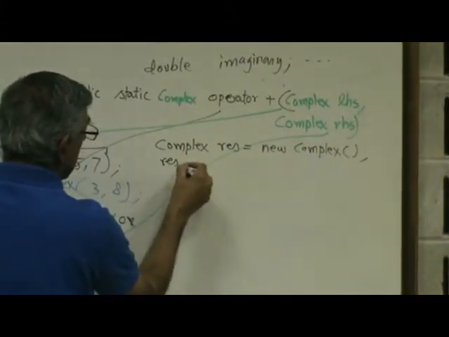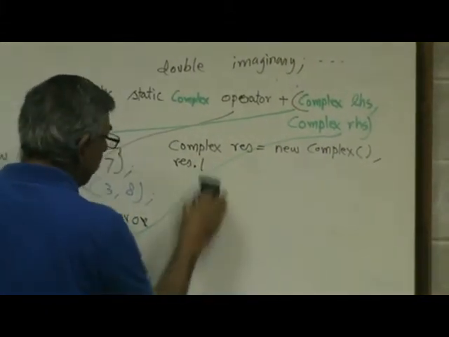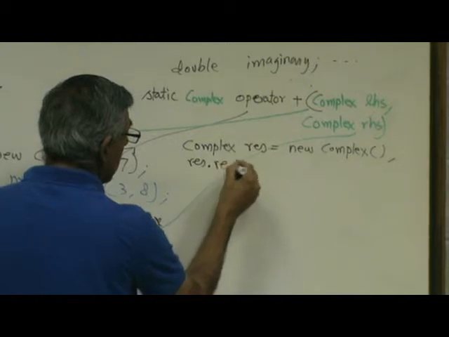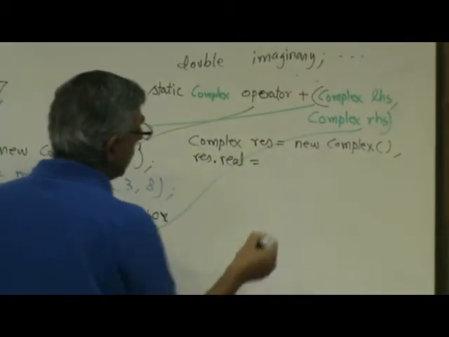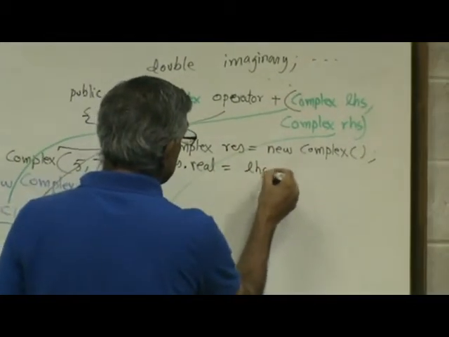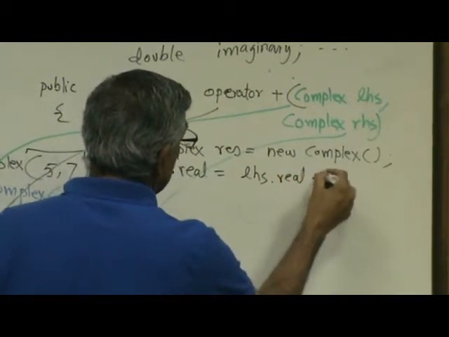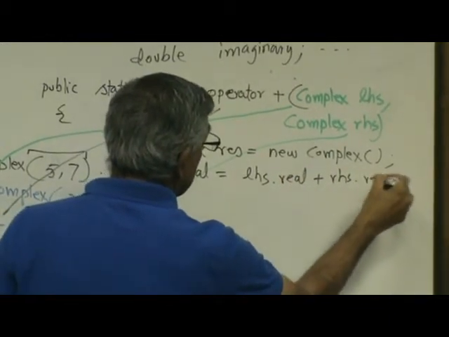Okay, result dot real equal to LHS dot real plus RHS dot real.